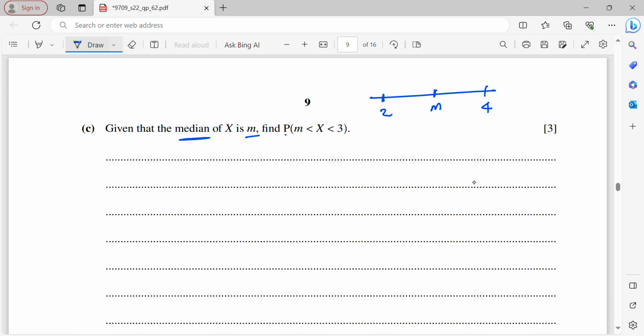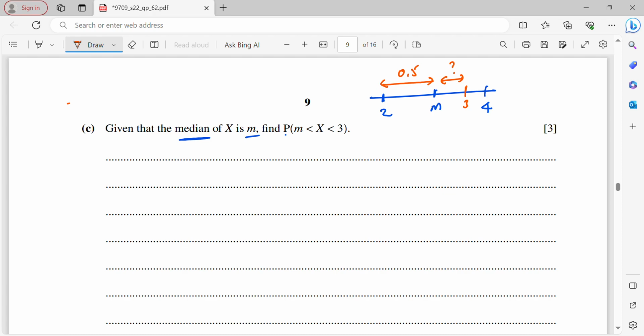So the median means from 2 to m, it will be the probability of 0.5, because the total probability is 1, which is the same as the integration throughout the whole interval. Then now you need to find m to 3. Let's say here is 3. How much is this?